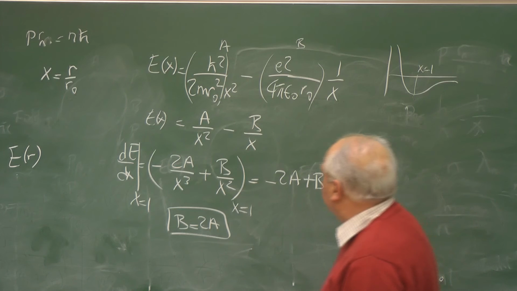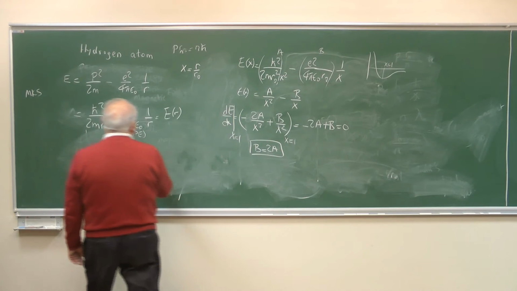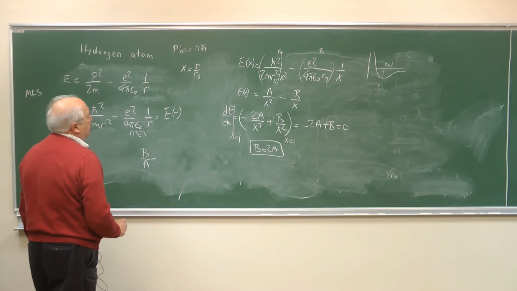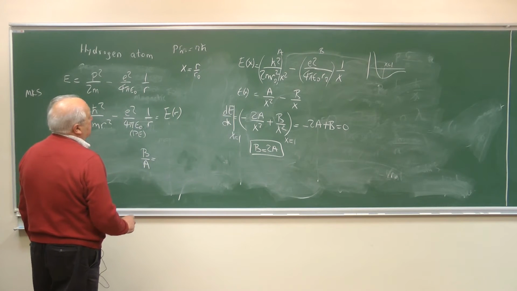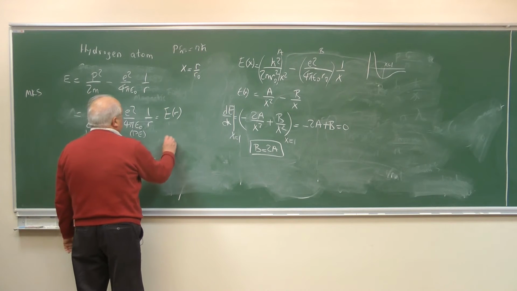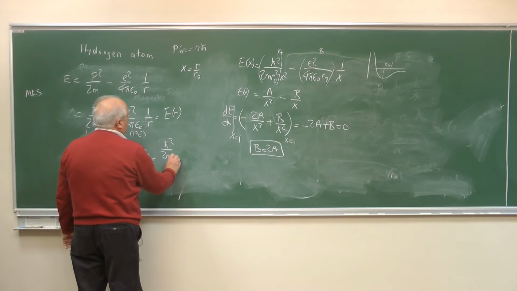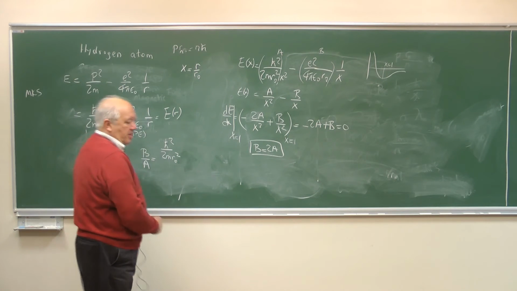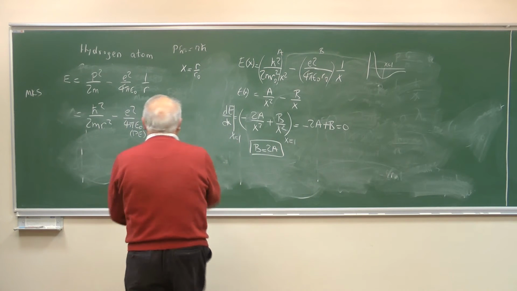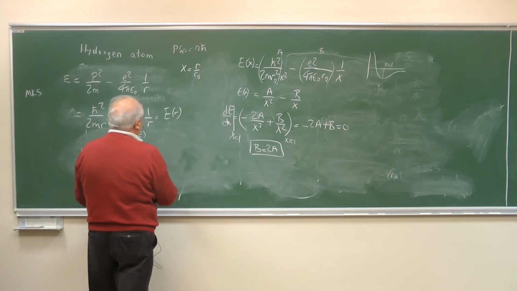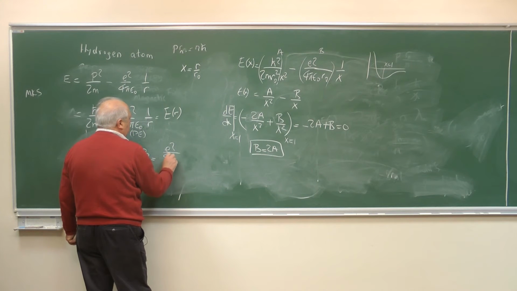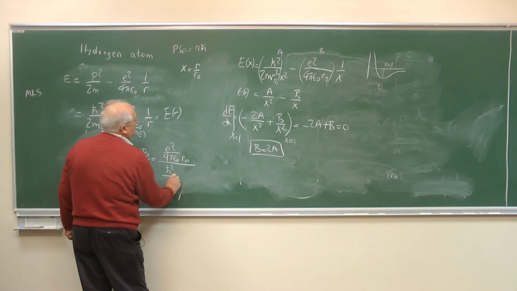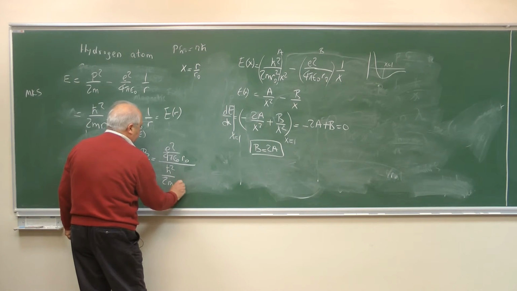All right. So let's look at B over A. That is e square over 4 pi epsilon 0 r0 divided by h bar square over 2m r0 square.